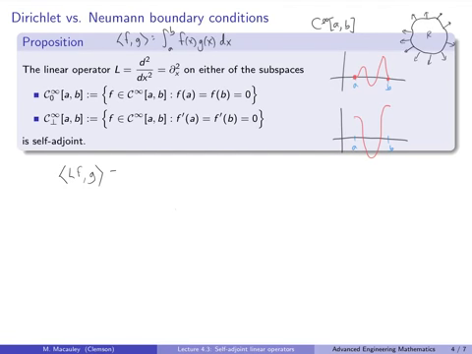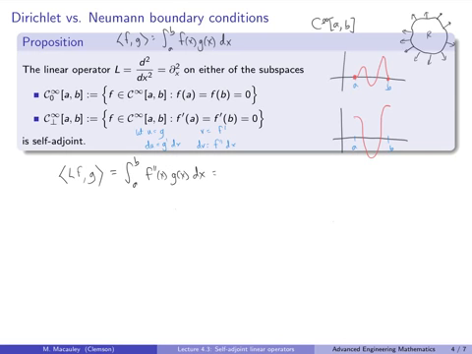Okay, so Lf dot g is equal to the integral from a to b. Lf is the second derivative, so f double prime of x times g of x dx. Now we just have to integrate this by parts. I'm going to let u be equal to g, du equal to g prime dx, dv equals f double prime dx, and v equals f prime.